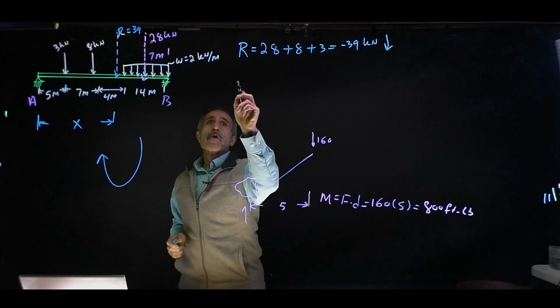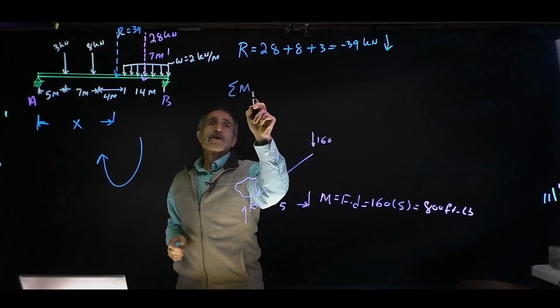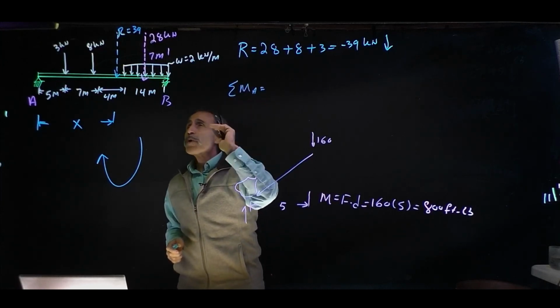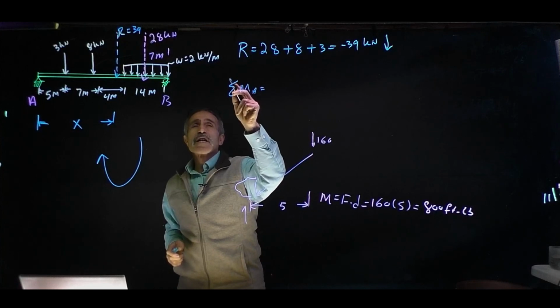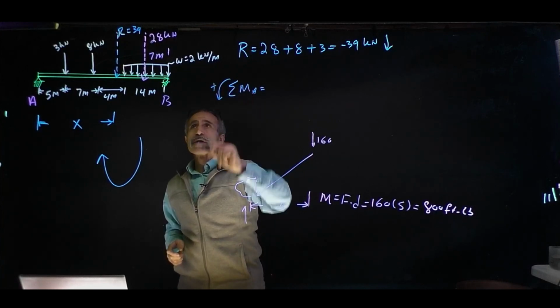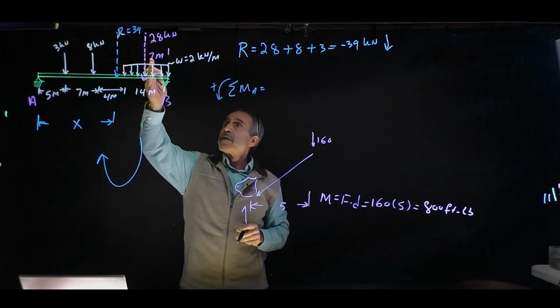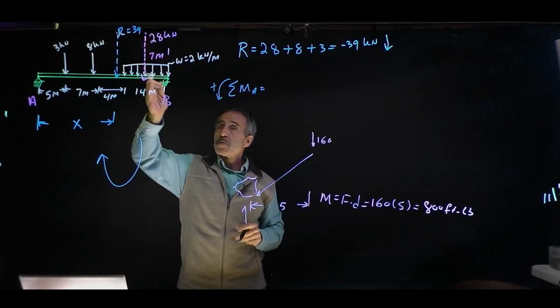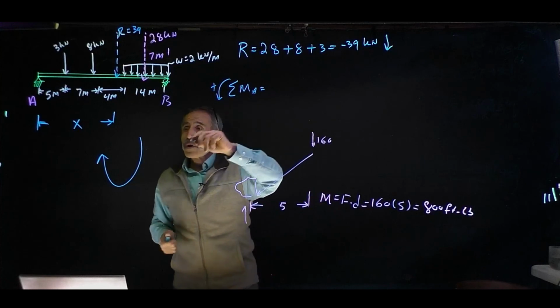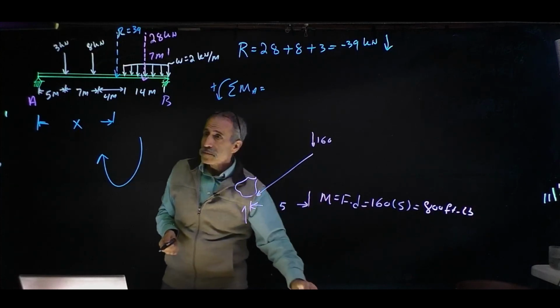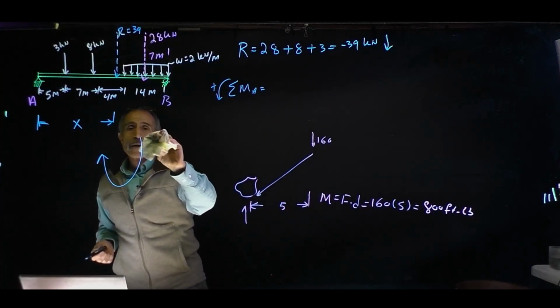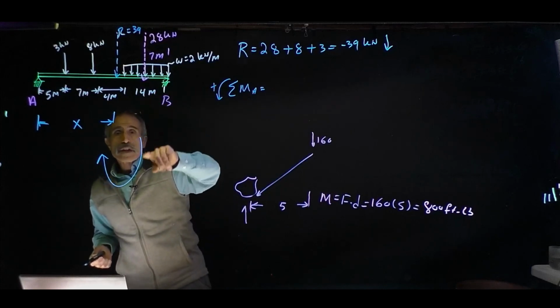So I'm going to take the summation of moments about point A. We're going to say if we rotate counterclockwise, that's positive. I'm going to start from the left and work that way. The first force I have is this one right here, which is 28, and it rotates clockwise.